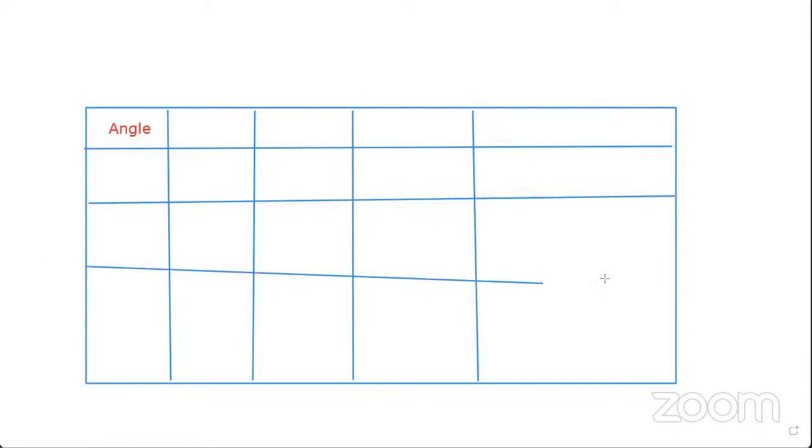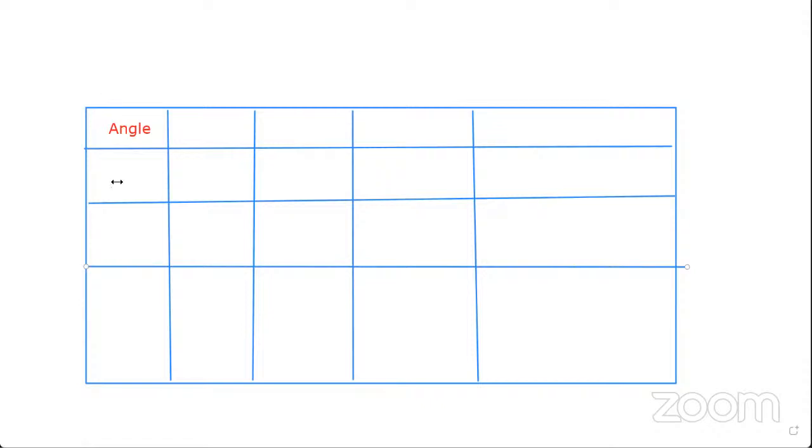We'll write it this way. We will first put the angle, and here we'll put sine, this will be cos, and tan.